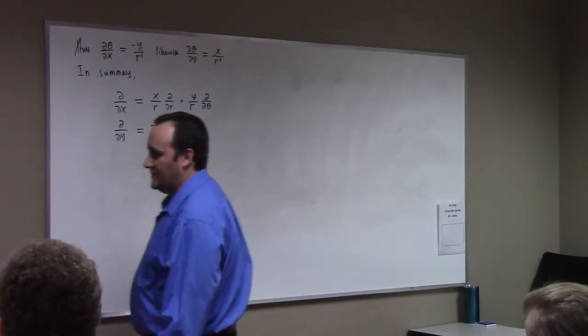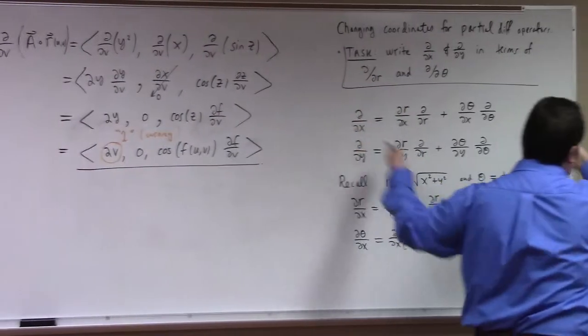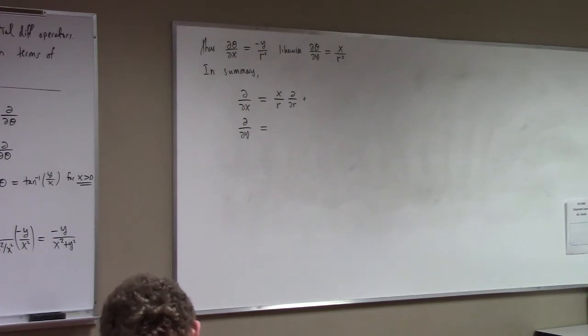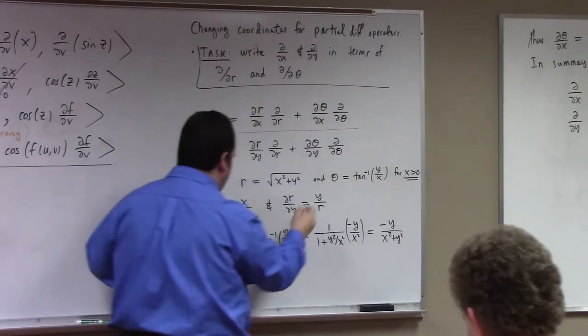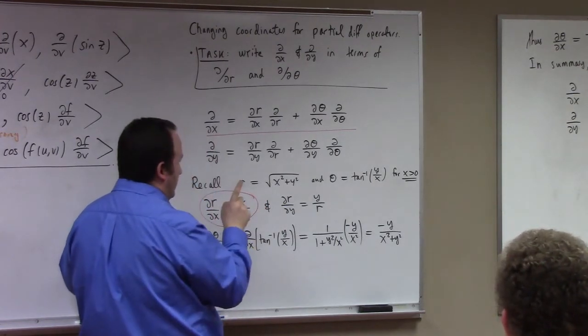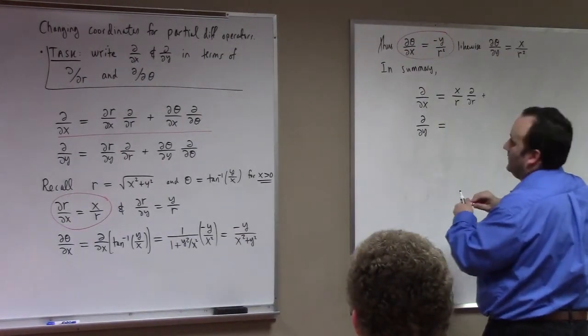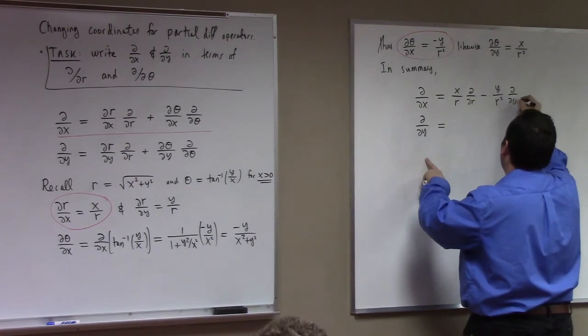I need to connect the thoughts. Going from my chain rule right here, using this and this one, those two together give me x over r partial r minus y over r squared partial theta, right?